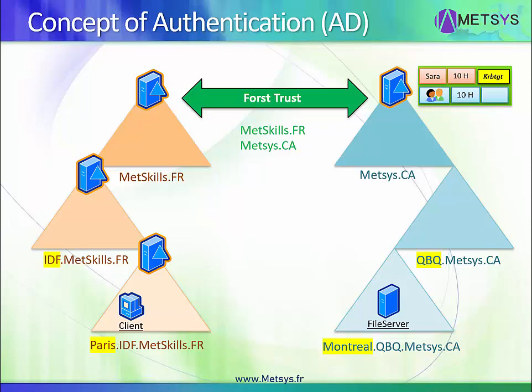So basically, it will search the entire forest in order to find if this SPN is actually inside the forest or not. So who knows everything inside the forest? It's going to be a global catalog. The global catalog, as we said, is responsible to find every object inside a forest.